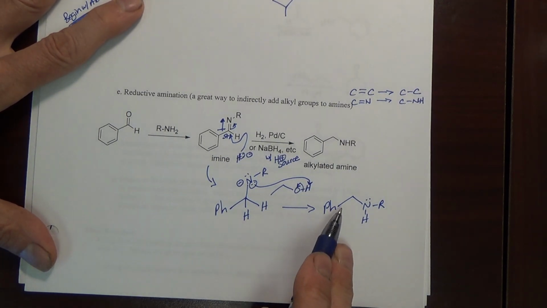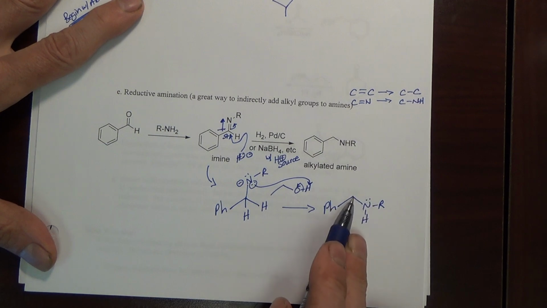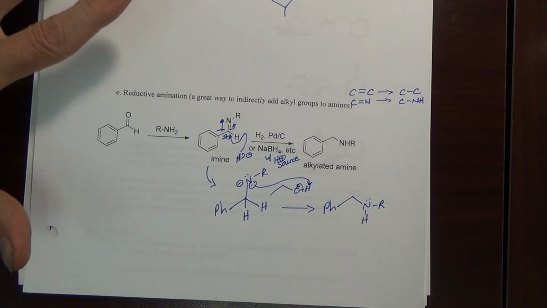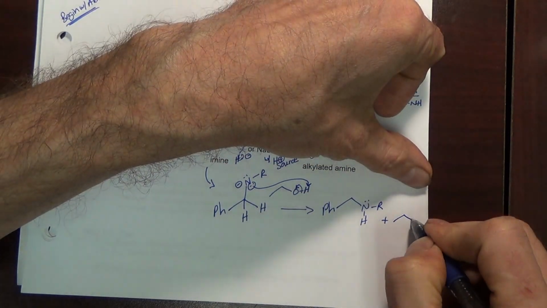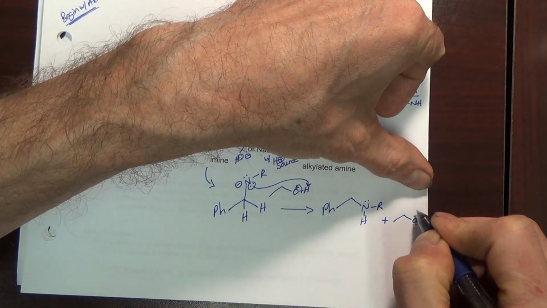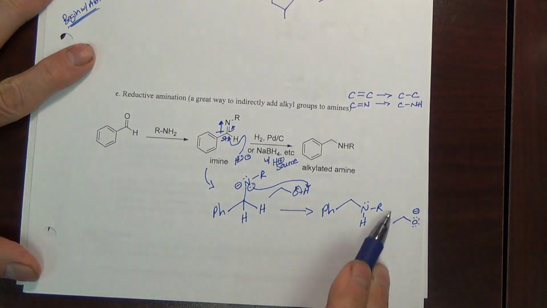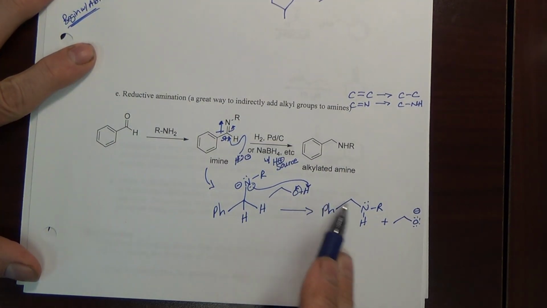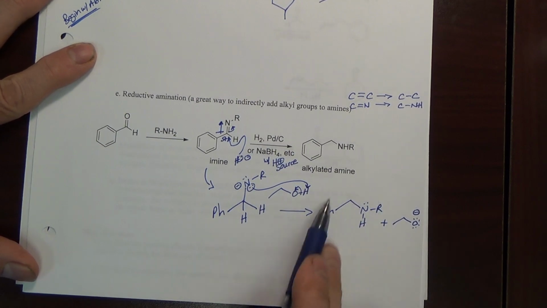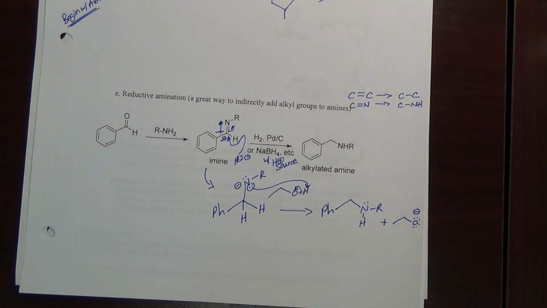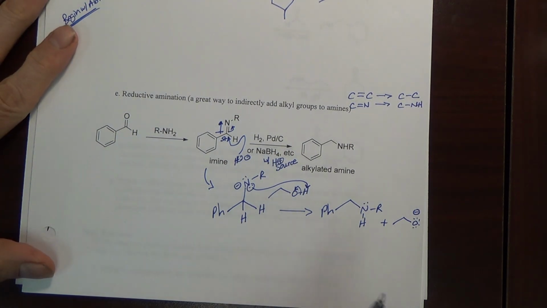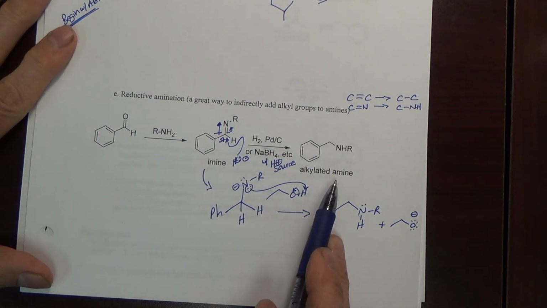And I just drew a traditional zigzag, and yes, that carbon has two H's now. And you will make the ethoxide, and so at the end your reaction will be basic, okay? But then you can isolate your product somehow. So, reduction of the imine to the amine, all right.